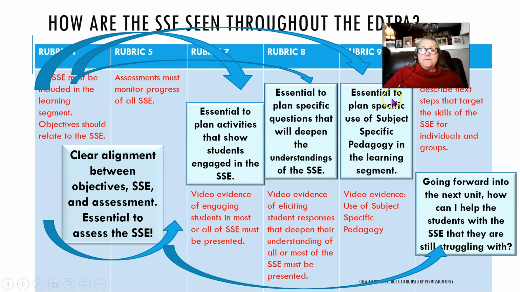And this is very, very important because, for example, in math, you have to have video evidence of students using representations. Science, yours is very interesting. You should go and look at it because that's got to get recorded. You want to make sure you got that recorded.